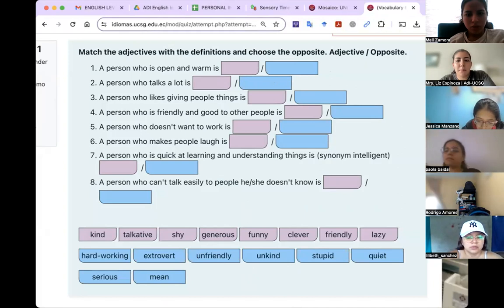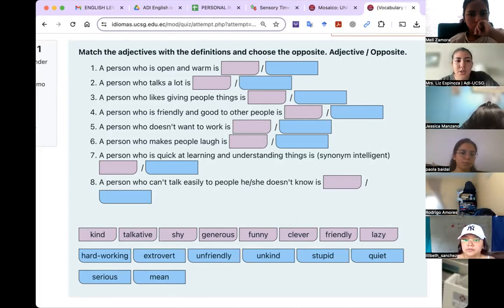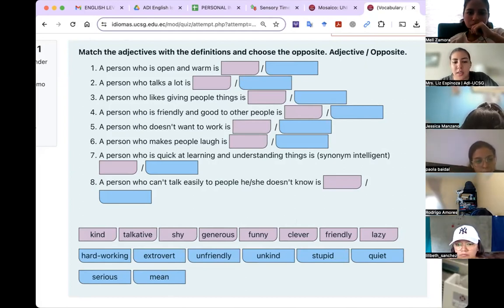Okay, so it says, a person who is open and warm is, and then we have options in red: kind, talkative, shy, generous, funny, clever, friendly, or lazy.